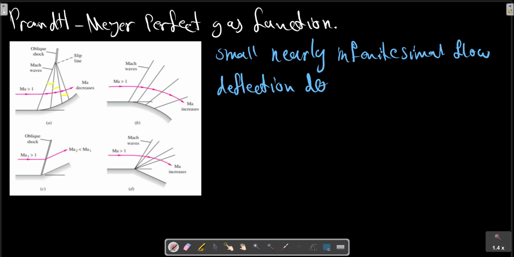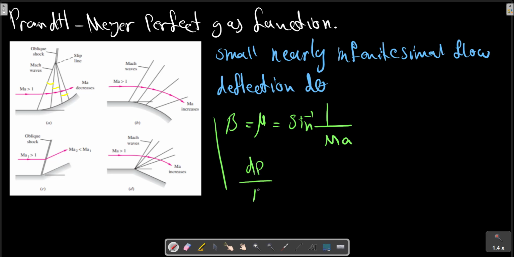At first we have beta, the angle of the first Mach wave, and we can write a relation for part A and d theta.